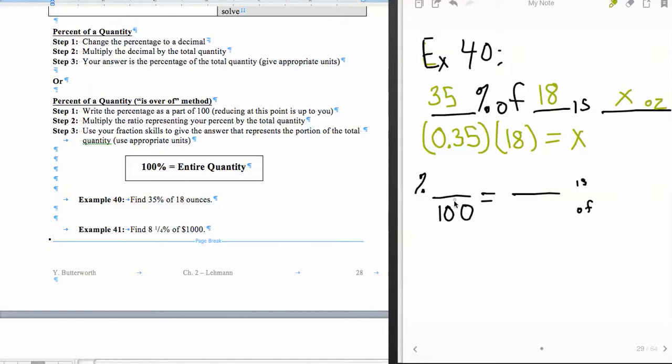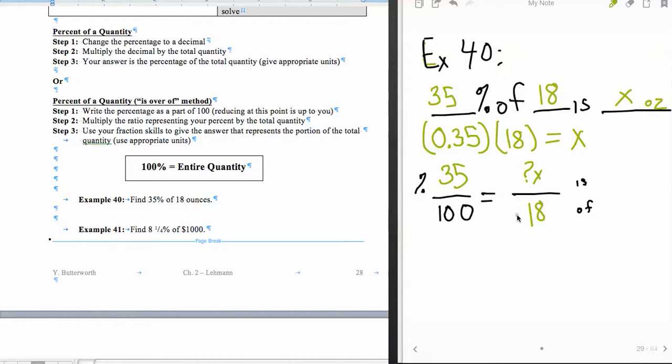Another way of doing this is to say we have 35 parts of 100, and that's equal to the is over the of. So we have some question mark here, which is our X up there, and that's over our of amount, which is our 18.